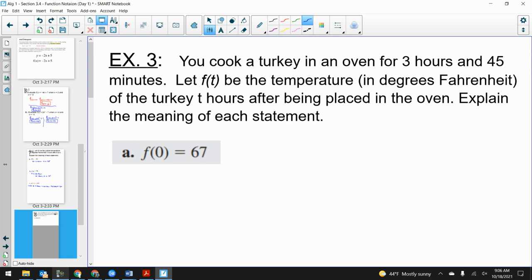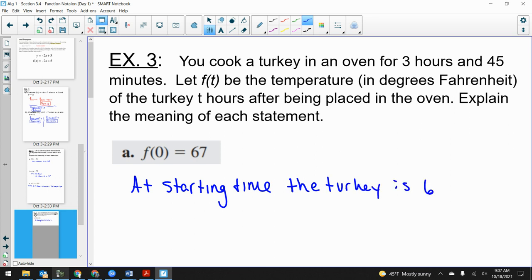At starting time, what's the temperature of the turkey? 67, cold turkey. The turkey is 67 degrees. At starting time, the turkey is 67 degrees. Must have let it rest, not from the fridge or the freezer or anything.